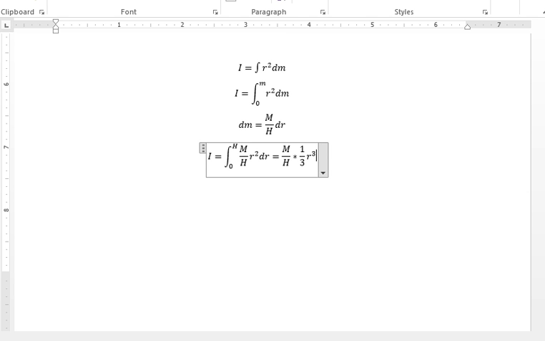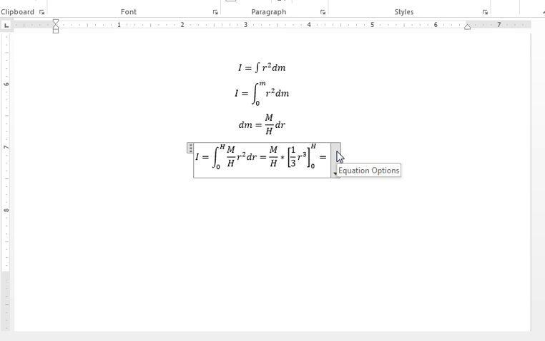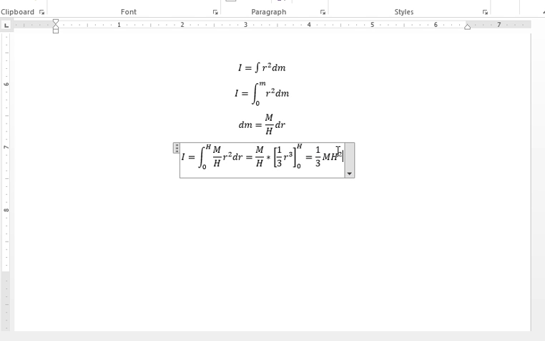And so the 0, of course, is 0. So 1/3 h cubed, which means 1/3 mh squared is the answer. 1/3 mh squared.